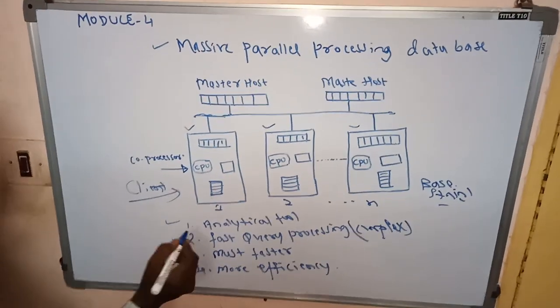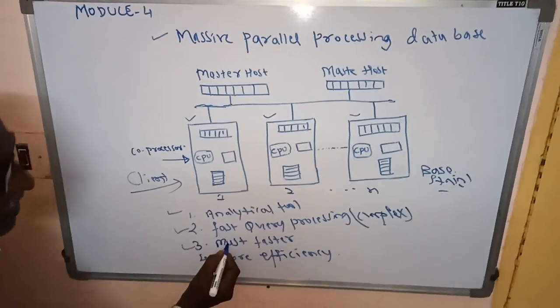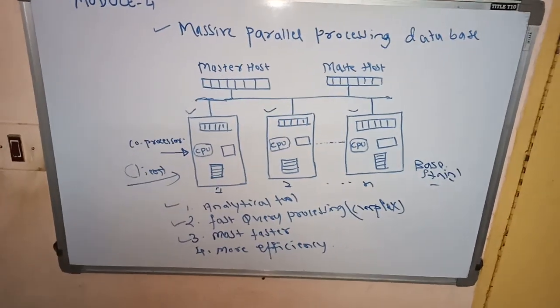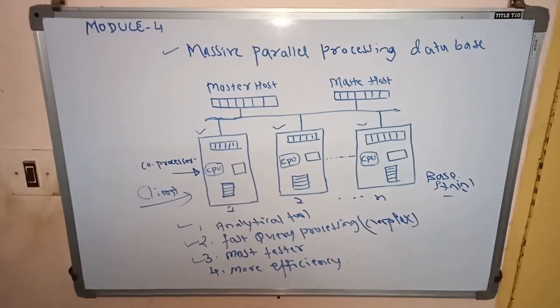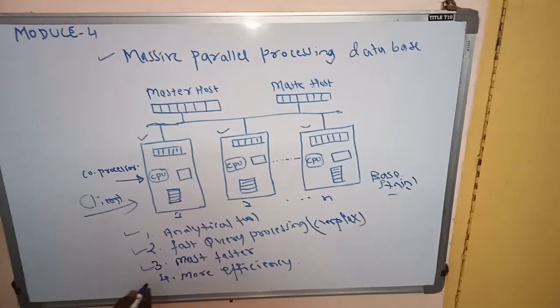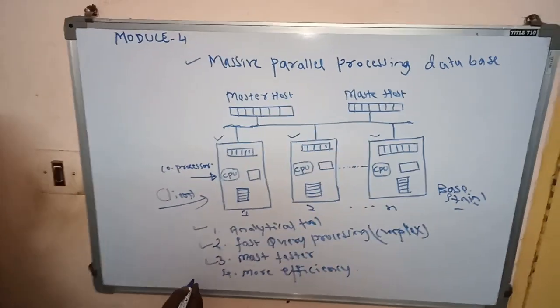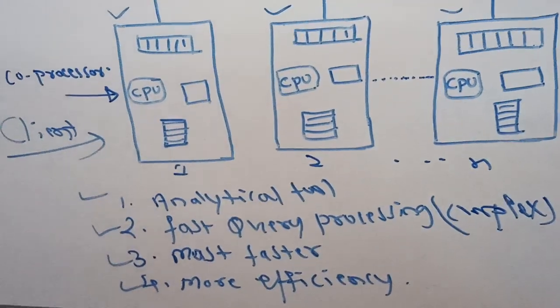And another important characteristic is the much faster processing in parallel processing. That's why in big data analytics, this parallel processing approach is most important. Then it is adopted in IoT related projects. And throughput or efficiency is higher.